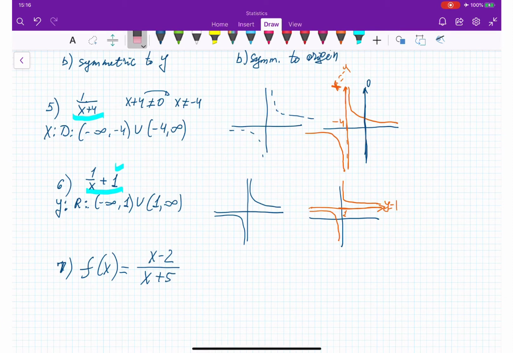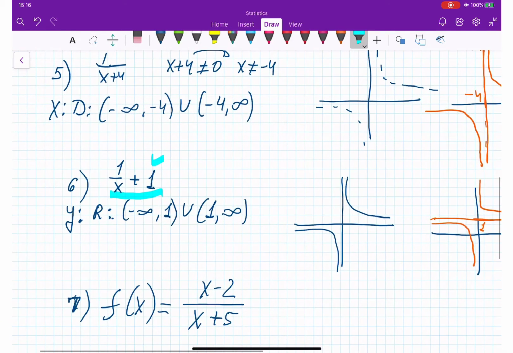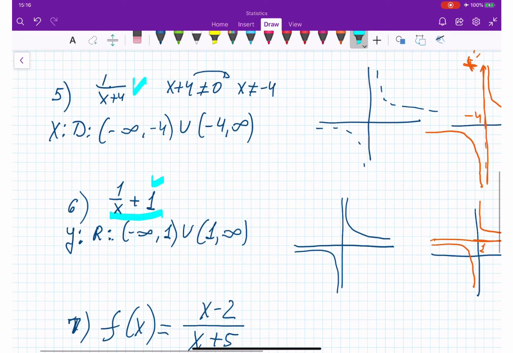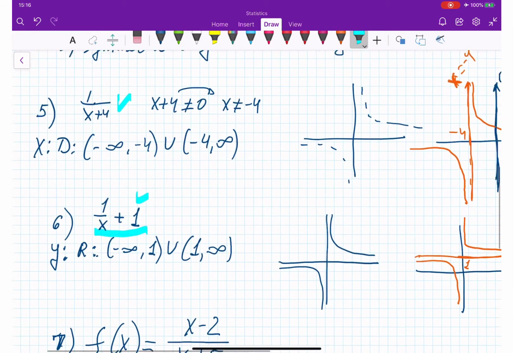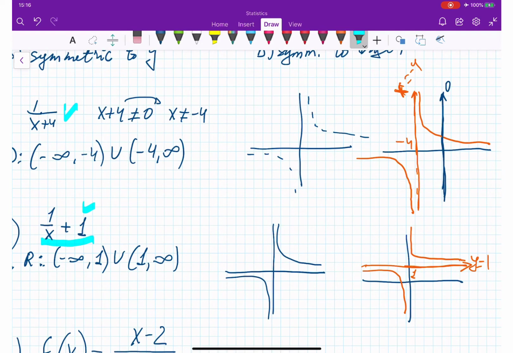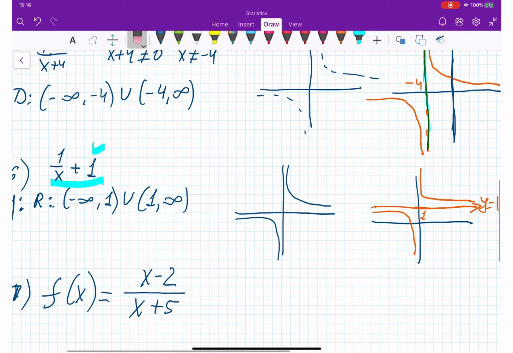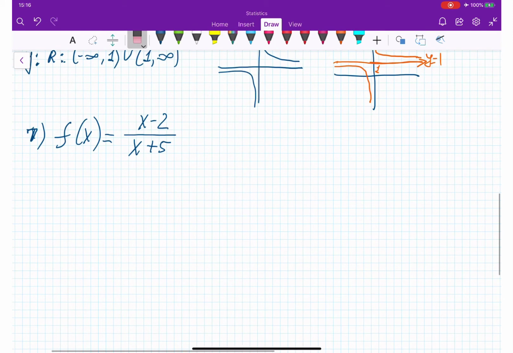For number 5, we have here, this is a shift of x, right? Because we ended up with our vertical line x is equal negative 4. Okay? Which means here we have x plus 5.